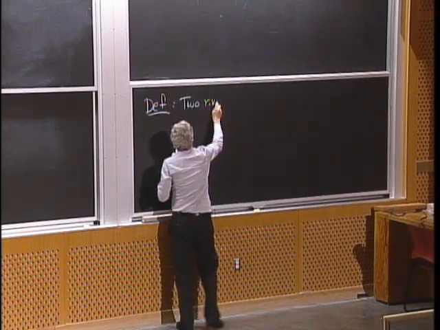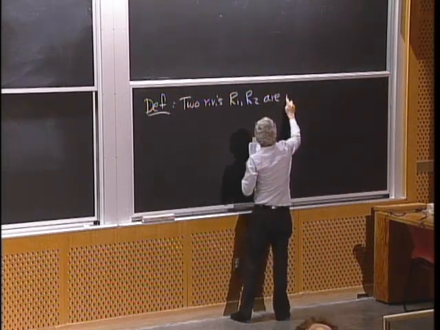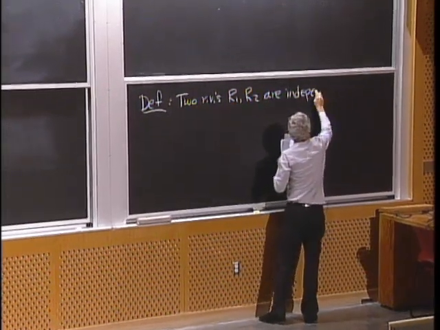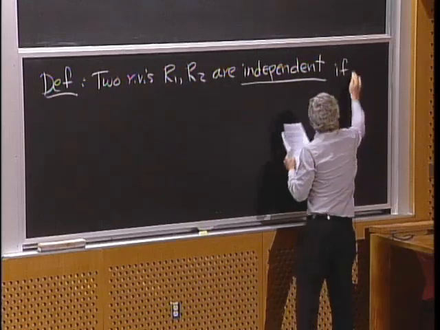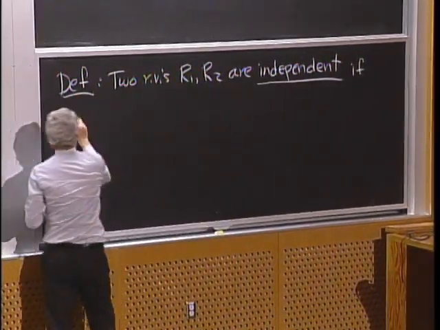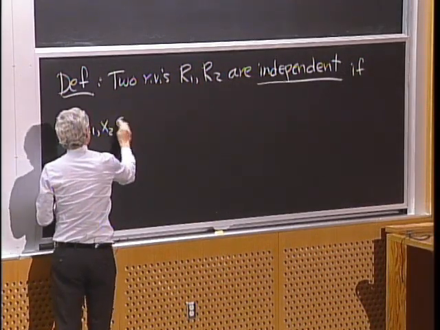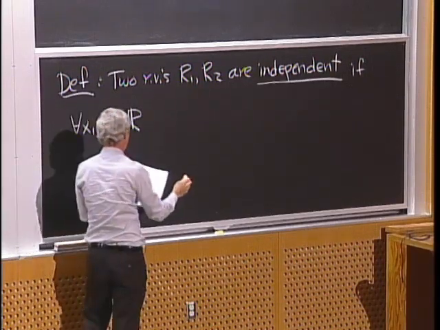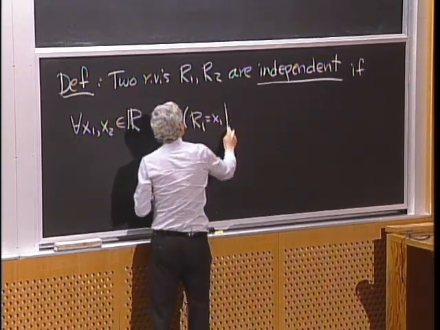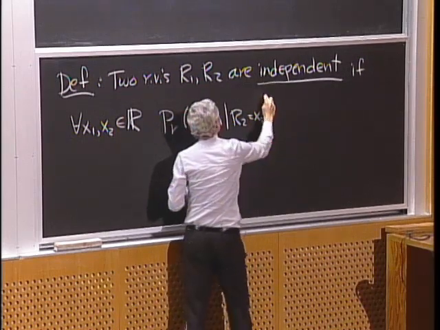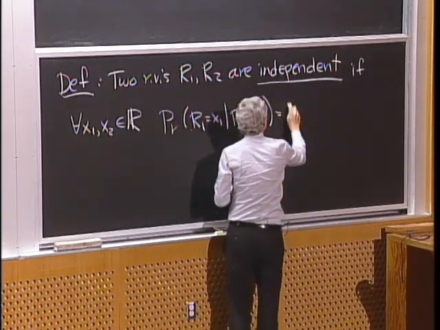Two random variables, R1 and R2, are said to be independent if, and this is a little complicated, for all possible values x1 and x2 in the real numbers, the probability that R1 is x1, given that R2 is x2, is the same as the probability of R1 equals x1, not knowing anything about R2.